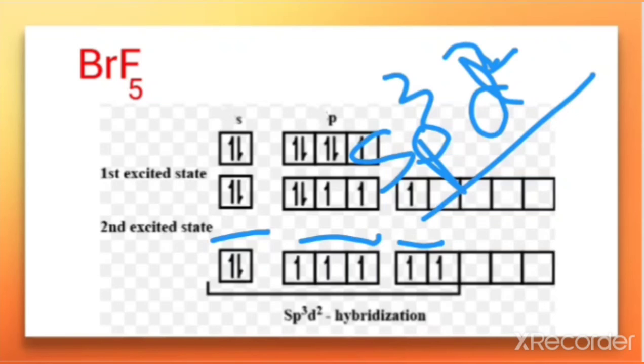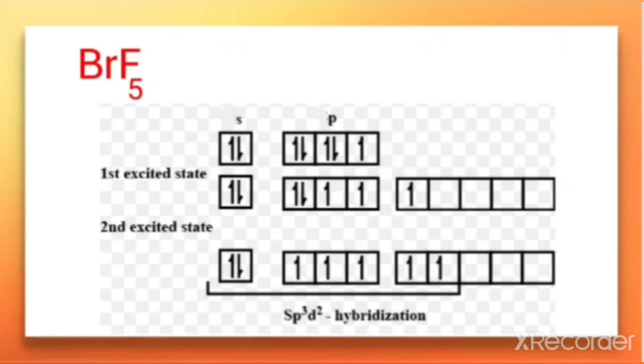So the hybridization is sp3d2. In these hybrid orbitals there are 5 single electrons and 1 paired electron, so this one will remain in the geometry as a lone pair.